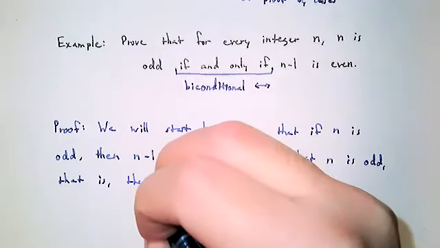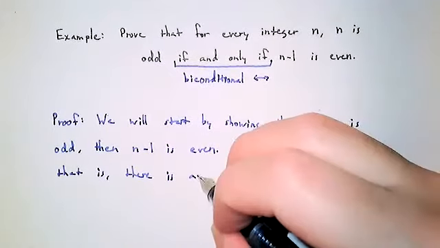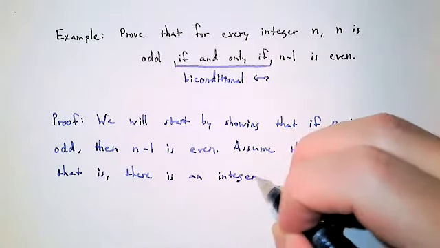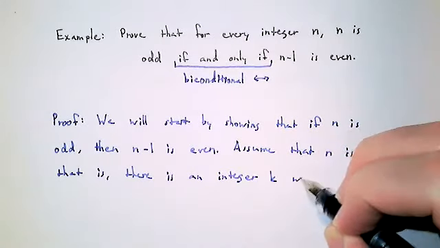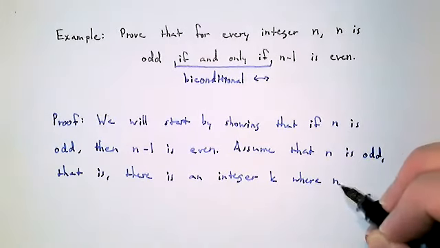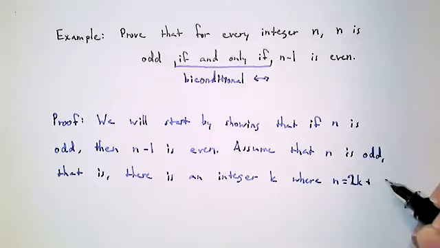There is an integer k where n is equal to 2k plus 1.